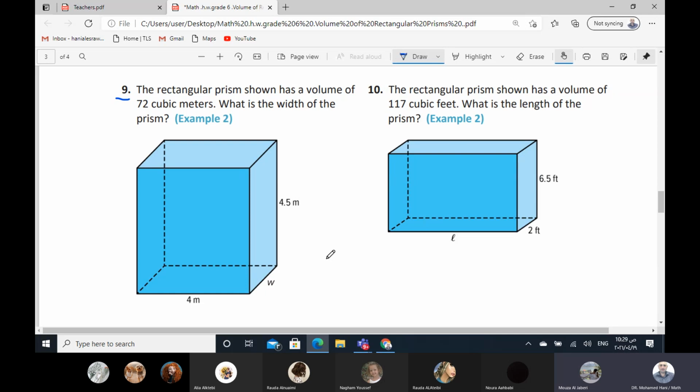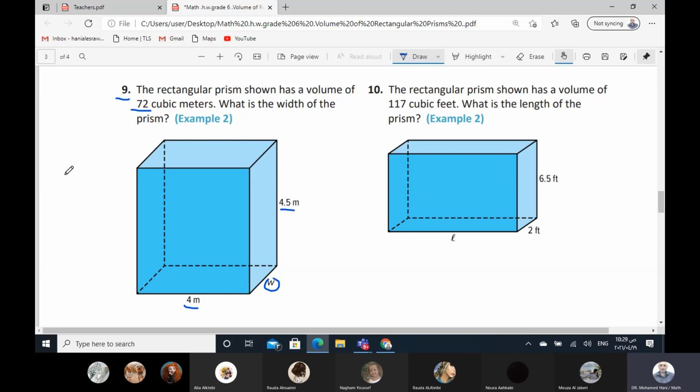The rectangular prism shown has a volume of 72 cubic meters. What is the width of the prism? Thank you. Okay. Now we know the volume. We know the length. We know the height. The missing value is the width.